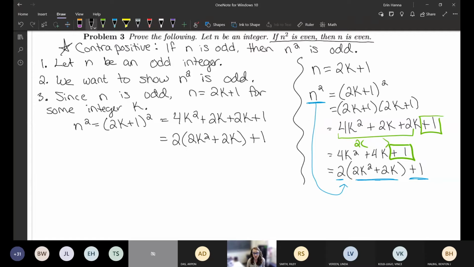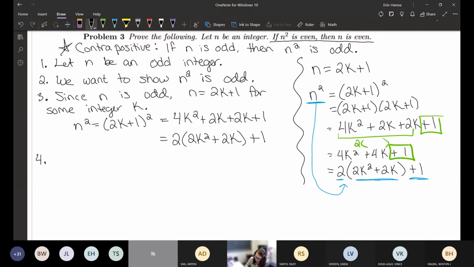Now remember, the other thing is that for it to be even or odd, the something in the parentheses has to be an integer. And so remember, we have that axiom 1 that tells us if we're just multiplying and adding integers together, we get an integer. So we do want to say that that 2k squared plus 2k is an integer.